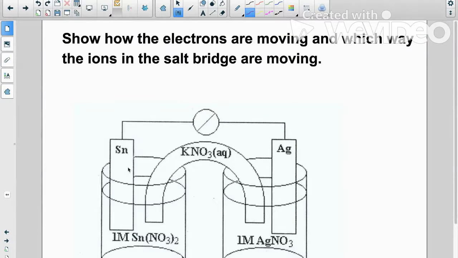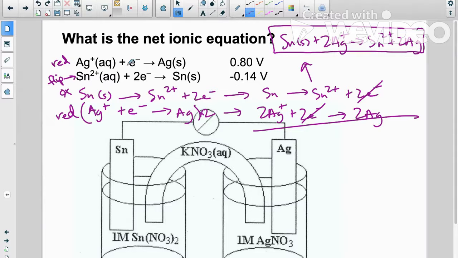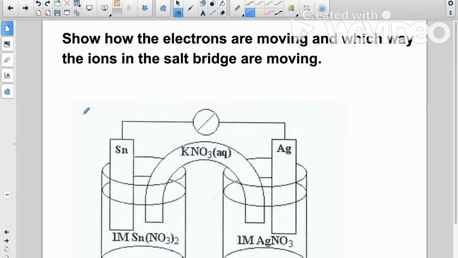Next, which way the ions in the salt bridge are moving. Recall from our net ionic equation, here are the two half reactions that are happening. Here's the oxidation, here's the reduction. The electrons always move from the anode to the cathode, because at the anode we have oxidation occurring.